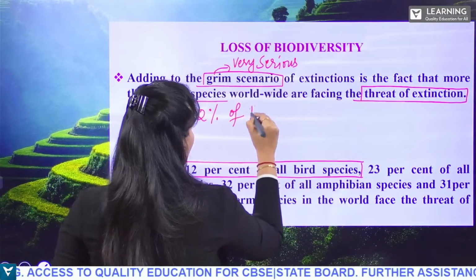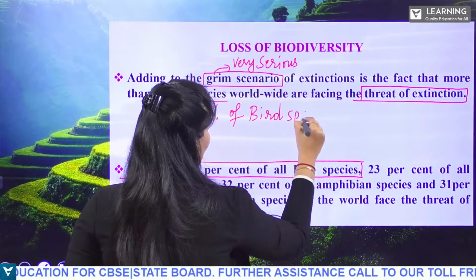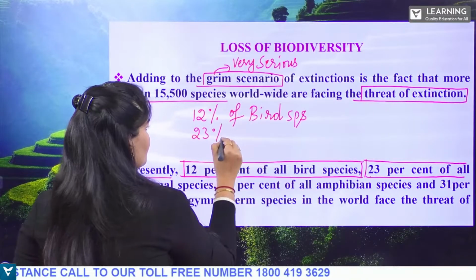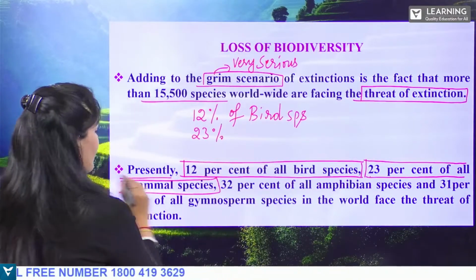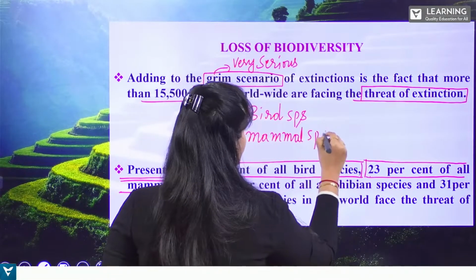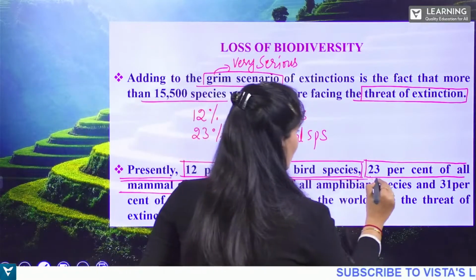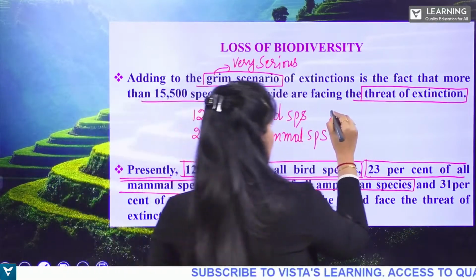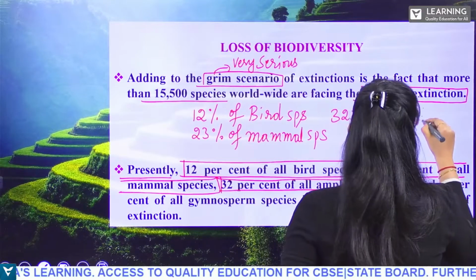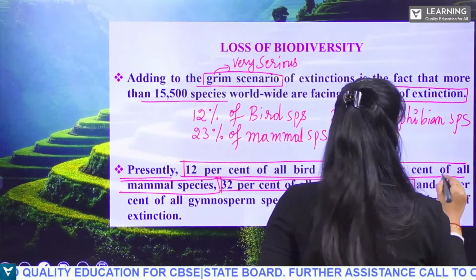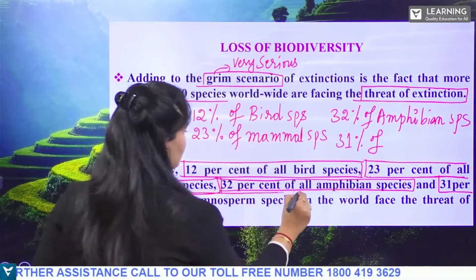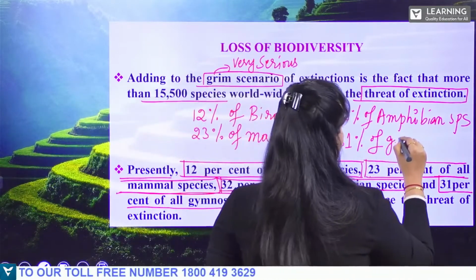Presently, 12% of bird species, 23% of mammal species, 32% of all amphibian species, and 31% of all gymnosperms, plants.